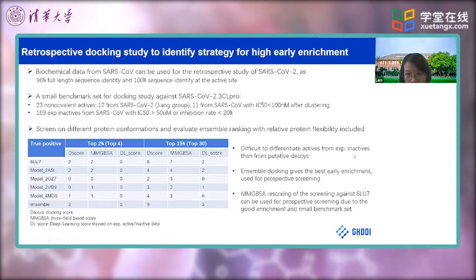But experimental inactives usually have similar topology, even similar physical chemical properties. So it's relatively difficult, but we want to use this benchmark study to really mimic the real situation.